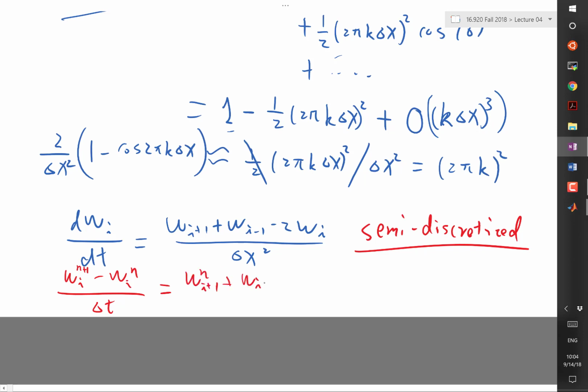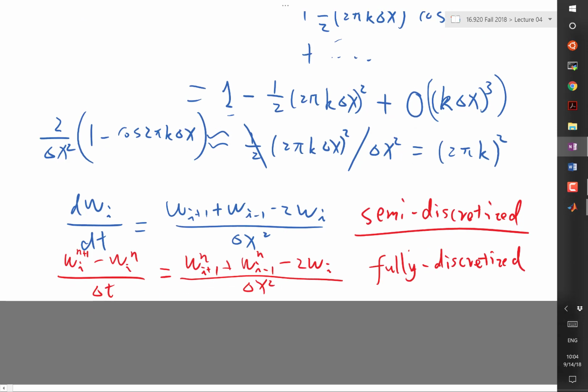In forward-Euler, we compute the time derivative at step n, and use the time derivative at step n to get to step n plus 1, fully discretized. Okay.